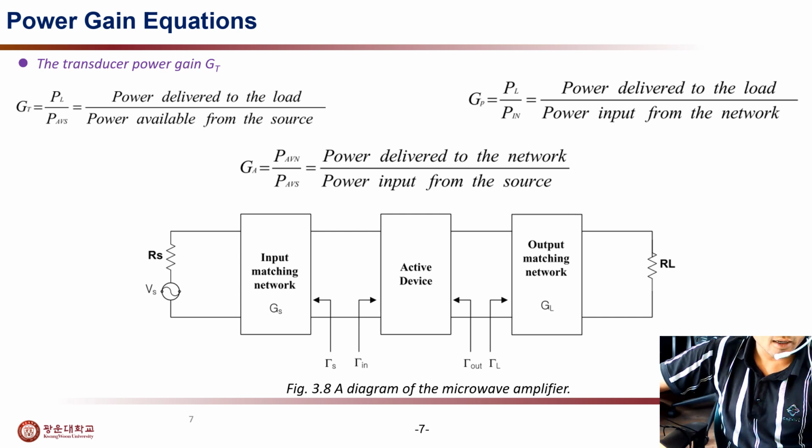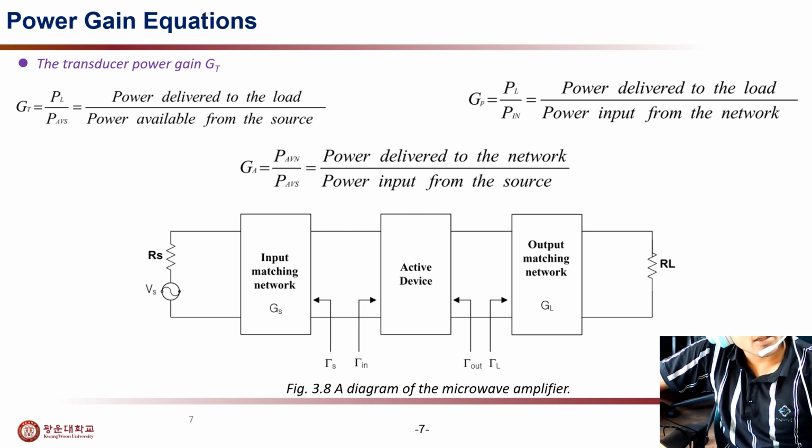There is another power gain called the available power gain, which is defined as the ratio of the power available from the network to the power available from the source. We can clearly understand it from the diagram of the microwave amplifier. We can see the different networks, the output matching network and the input matching network.